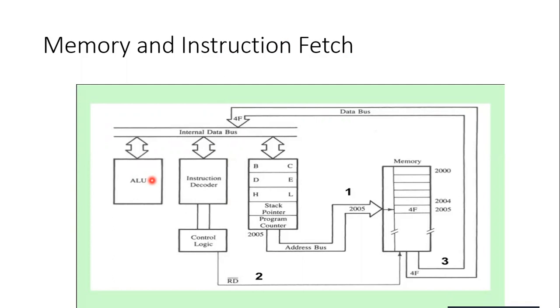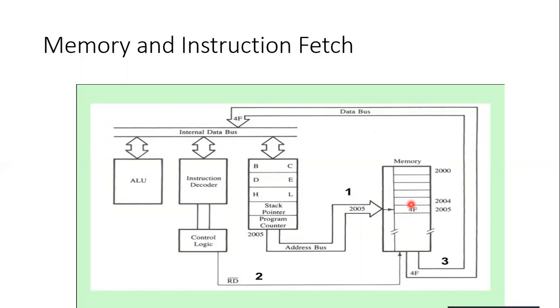The primary function of memory is to store instructions and data, and to provide that information to the MPU whenever the MPU requests it.